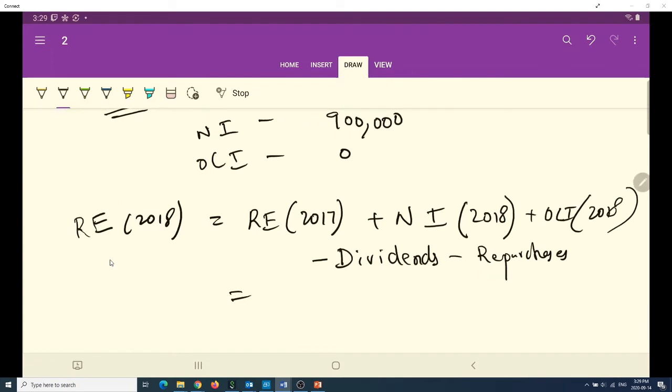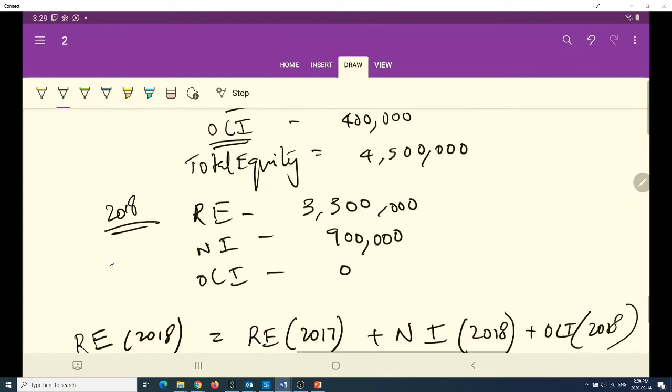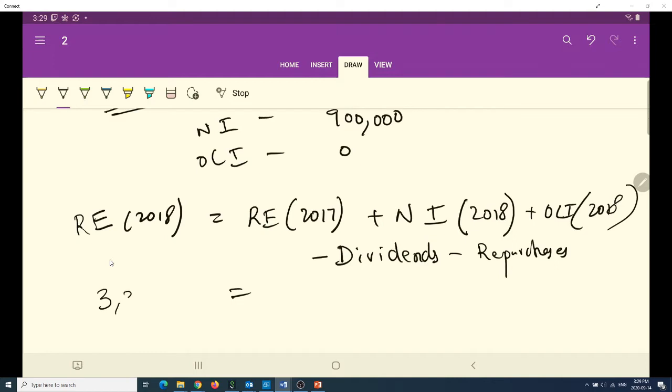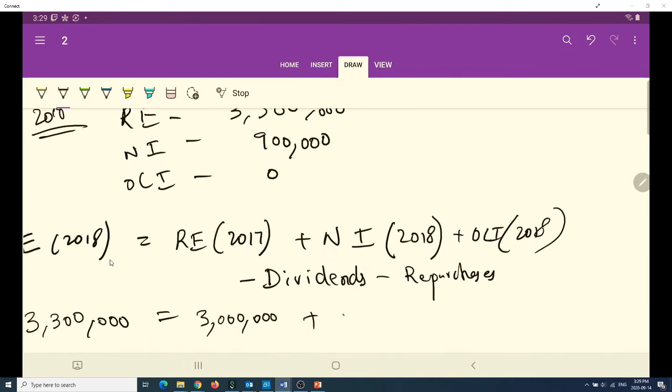Let's see if we can fill this up. 2017 retained earnings was 3 million. So 2018 is 3.3 million. 2017 is 3 million. Net income 2018 is 900,000.